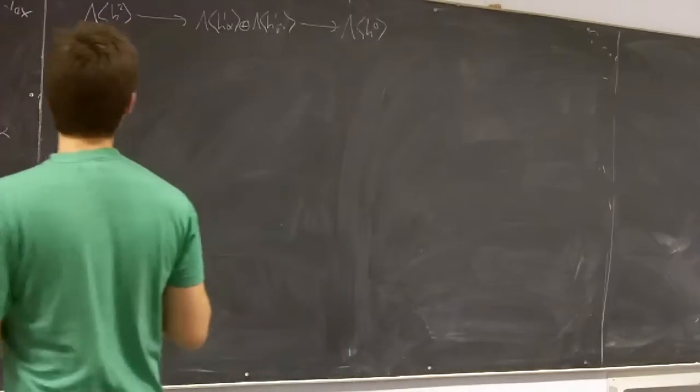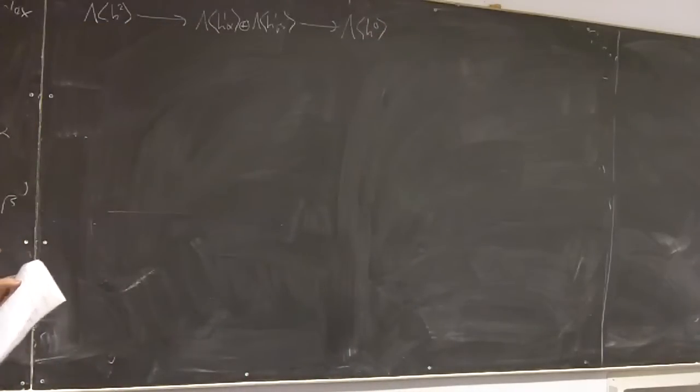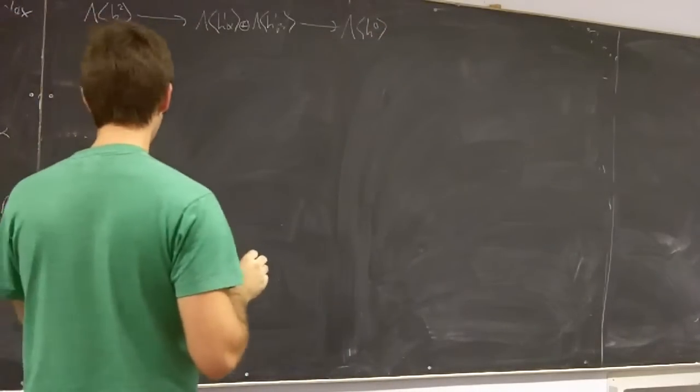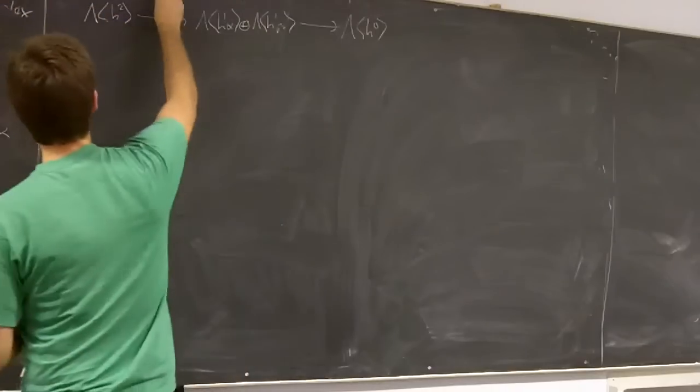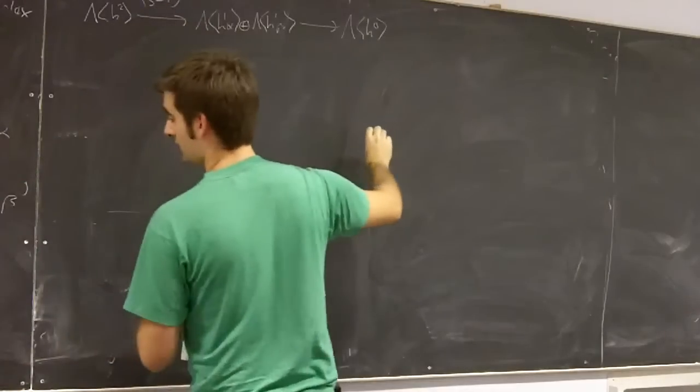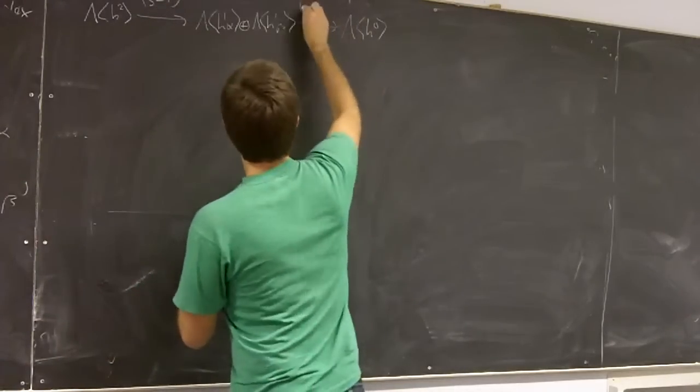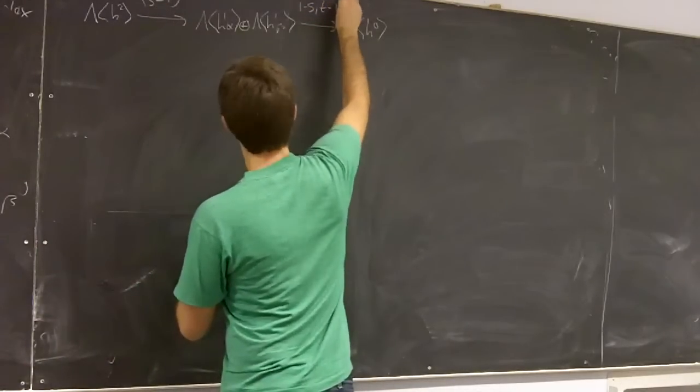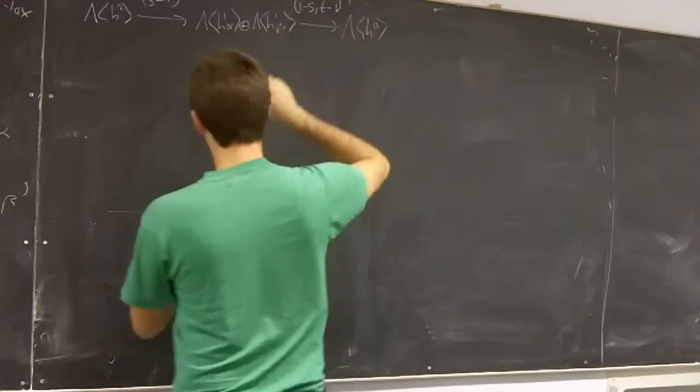This is our relative chain complex given by the handle decomposition. We put the boundary maps in, get T - 1, S - 1 here, and then 1 minus S, T - 1 for that one.